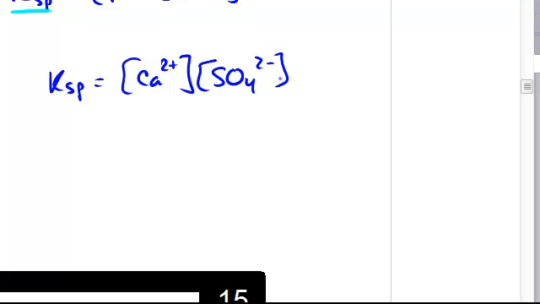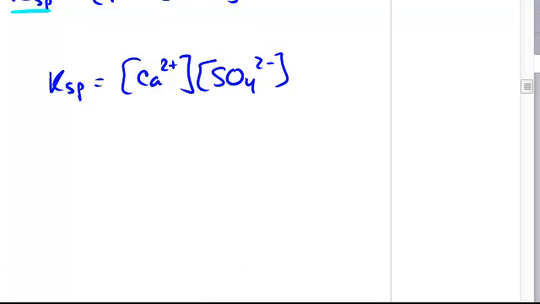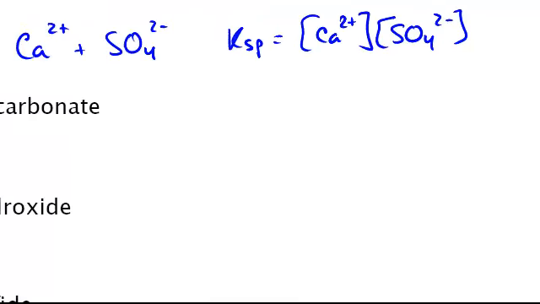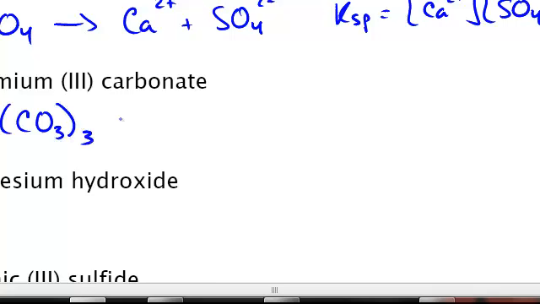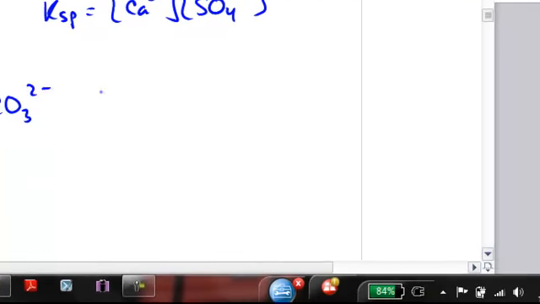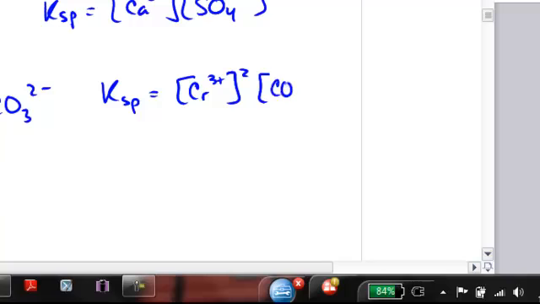Then we've got chromium 3 carbonate, just to be a pain. So Cr2(CO3)3 splits up into 2 Cr3 plus and 3 CO3 2 negative, and the Ksp is Cr3 plus squared times CO3 2 negative cubed.